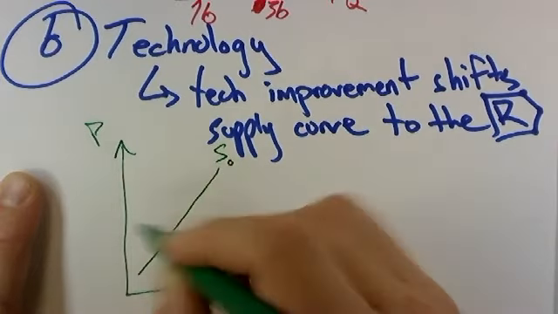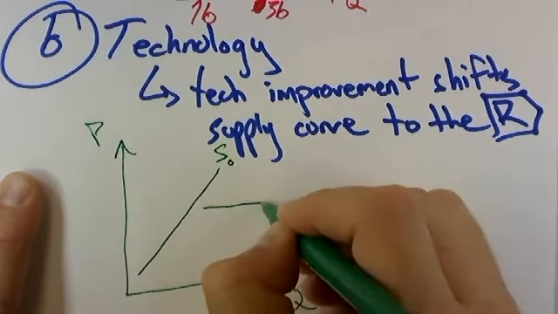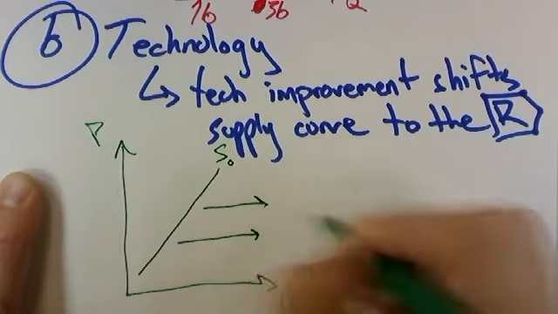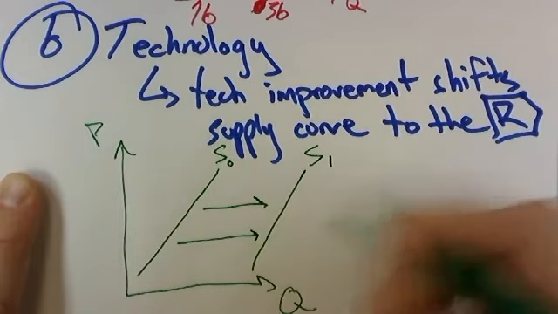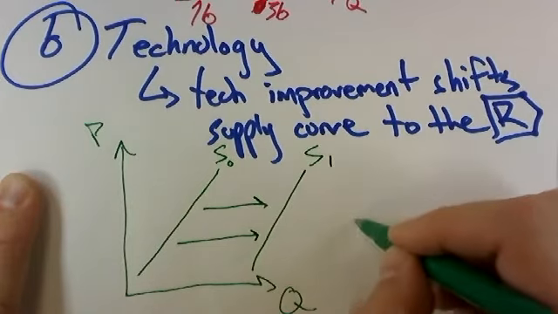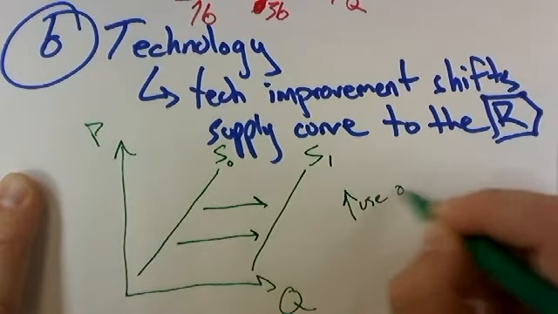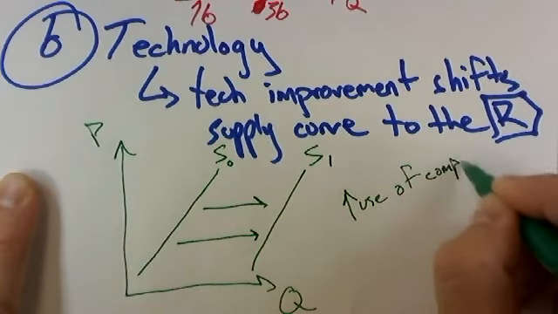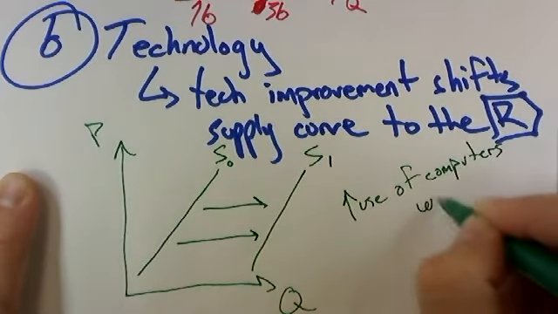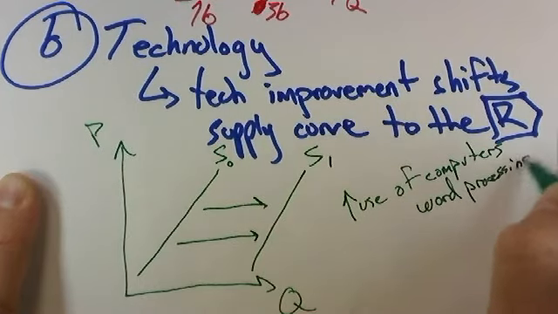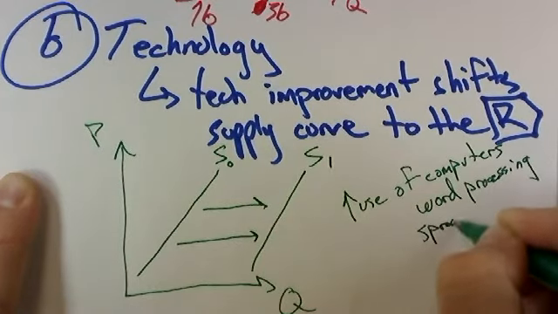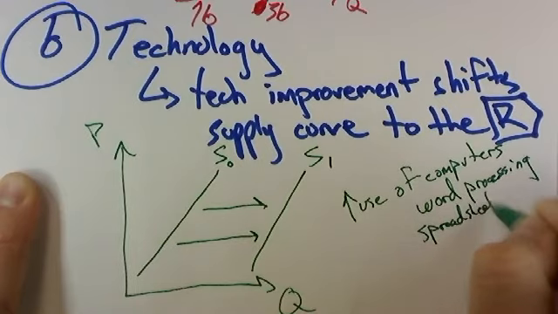And so that original supply curve that we had, there was a shift outwards of it to a new supply curve as a result of, you know, increased use of computers, word processing, spreadsheets, all that jazz.